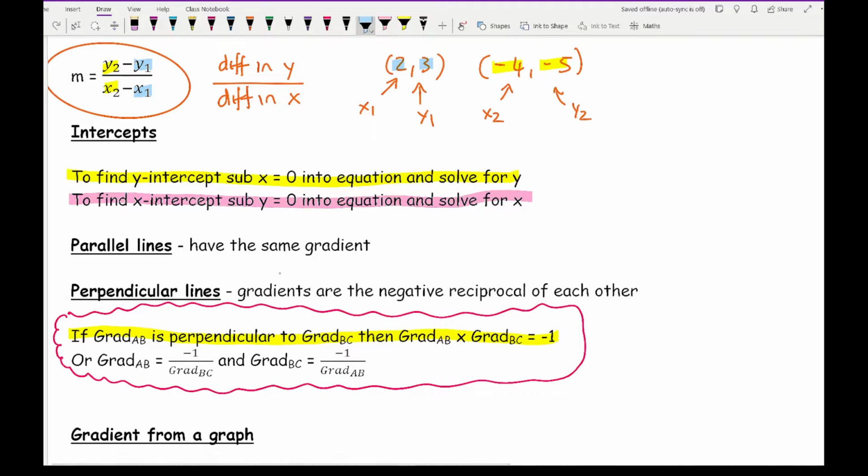Commonly, many GCSE students say that if they are perpendicular, then either the gradient of AB is going to be -1 over the gradient of BC, or the gradient of BC is going to equal -1 over the gradient of AB. And if this makes absolutely no sense to you at all, do not worry. There'll be some questions that test this knowledge, in which we'll be recalling this proof in due course.